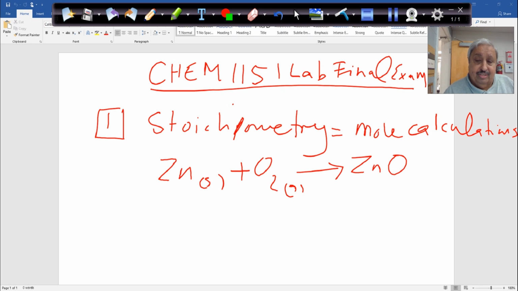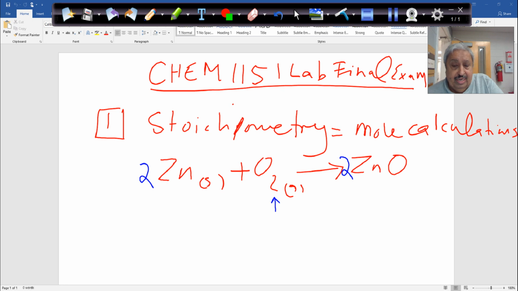If you balance this equation, sometimes the equation will be given to you, sometimes you have to write it yourself. You need 2 in front of the zinc oxide and 2 in front of zinc, so that now we have a balanced equation. Why? Because you have 2 oxygen atoms here.